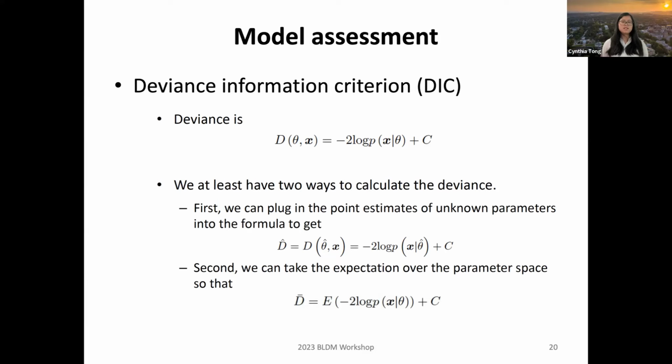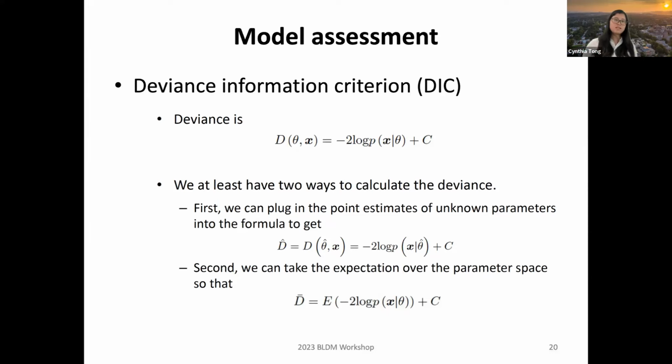In today's workshop, we're only going to talk about DIC and WAIC. There are other commonly used criteria such as the posterior predictive p-value, PPP, or LOO cross-validation. Those are also very commonly used, but in this workshop, because of the time limit, I will only talk about DIC and WAIC.